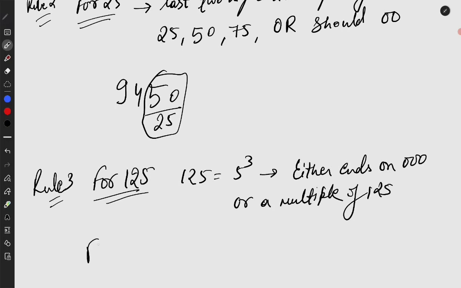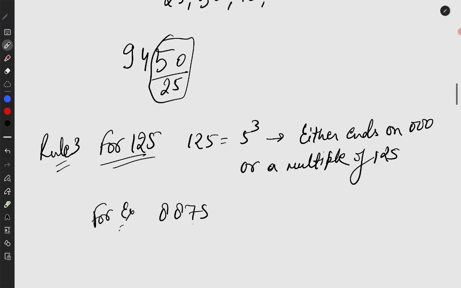For example, we can take 8875. If 875 is divisible by 125, then the entire number will also be divisible by 125.